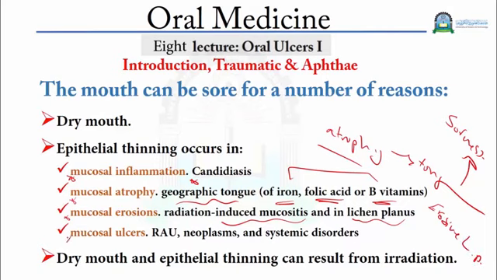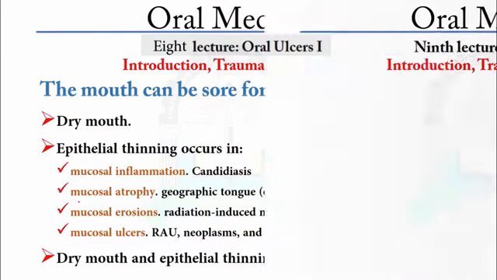Also, epithelial thinning might be due to mouth ulcers from recurrent aphthous ulcers, neoplasms, and systemic disorders. Dry mouth and epithelial thinning can also result from irradiation. The patient who undergoes radiotherapy as treatment for cancer can have complications in the oral cavity, such as thinning of the oral mucosa and dry mouth, leading to mouth soreness.